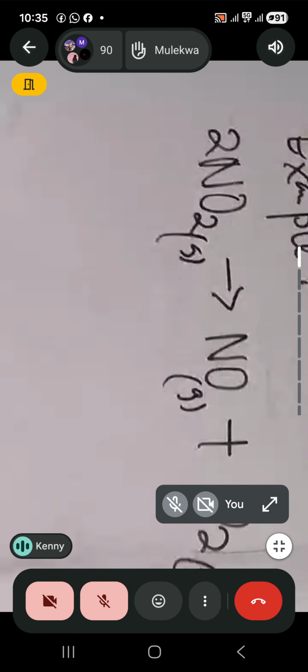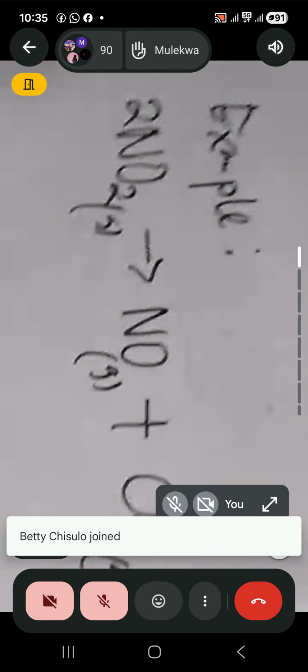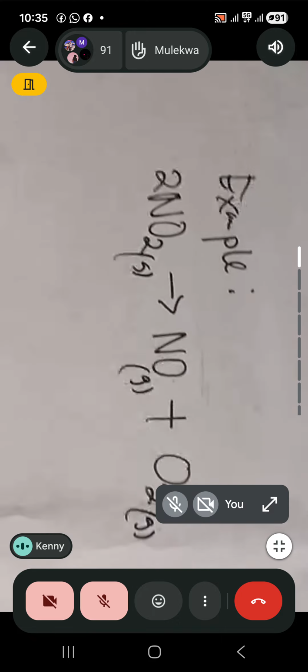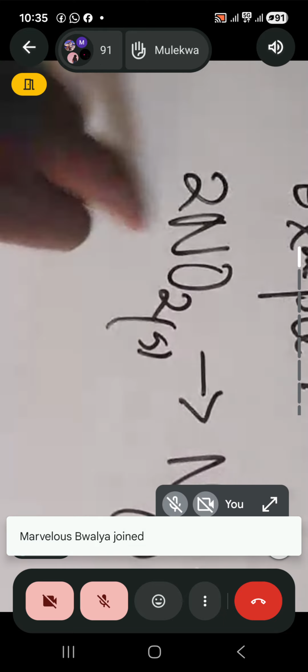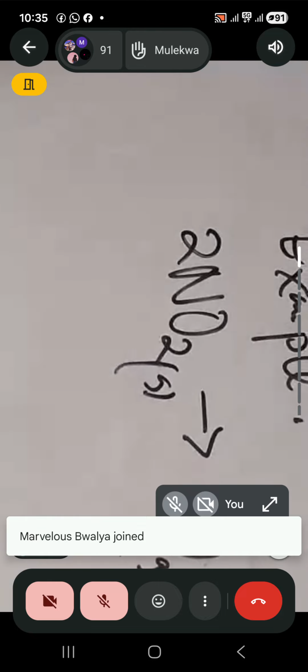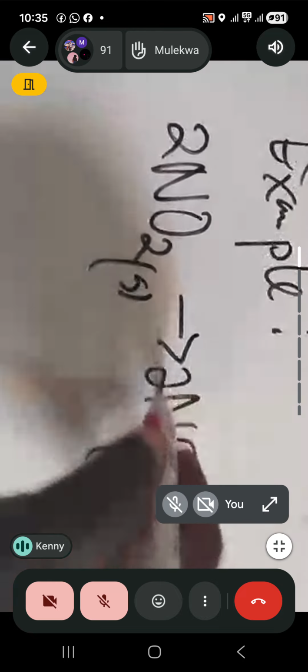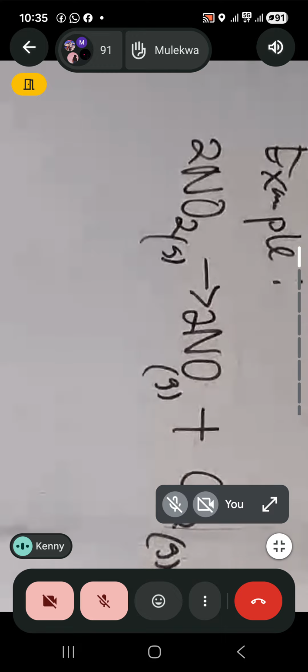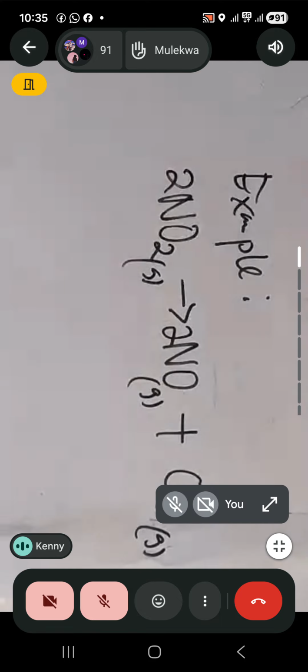No, it's just independent. I was just showing you how it decomposes, explaining that the concentration of nitrogen dioxide decreases while that of nitric oxide increases. It was just an example to illustrate.